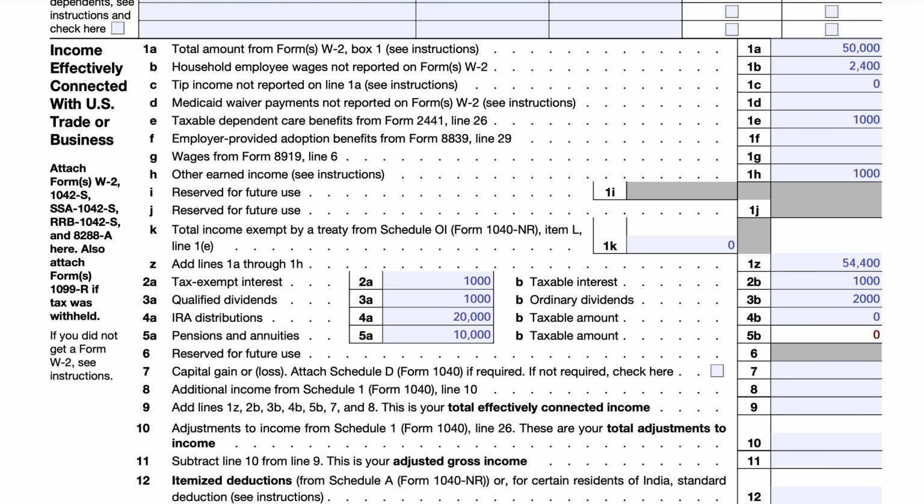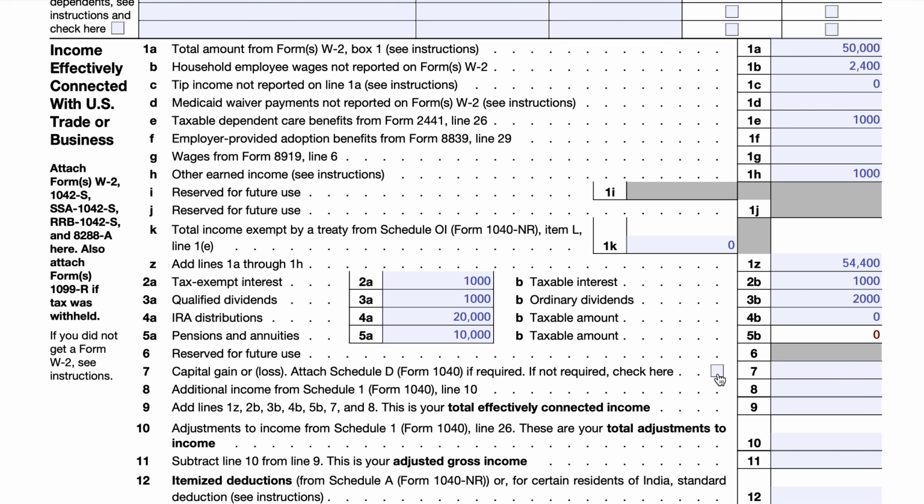So line 7, capital gains or loss. If you sell mutual funds or stocks or business assets, you may need to calculate that on IRS Form 8949 and then Schedule D. So we'll put links in the show notes to both of those forms.